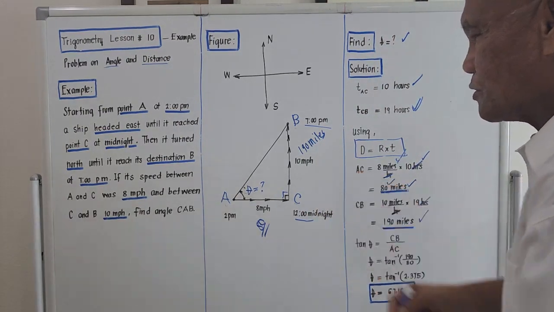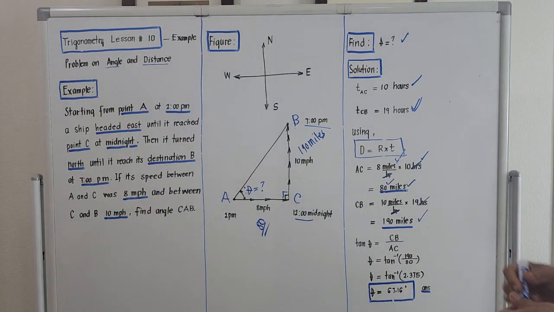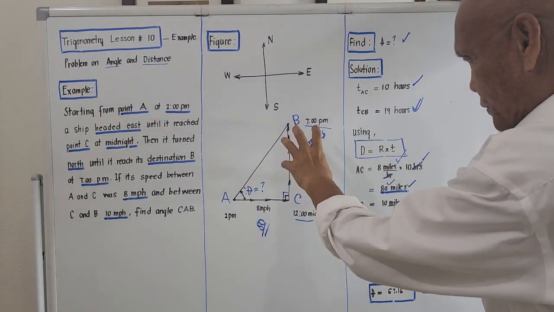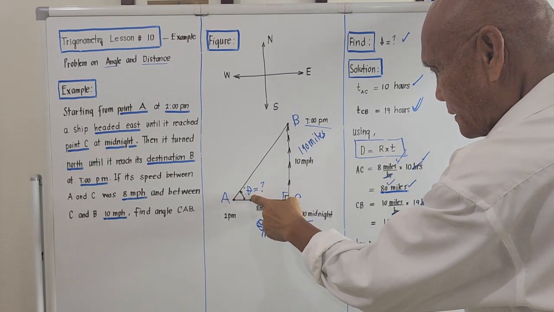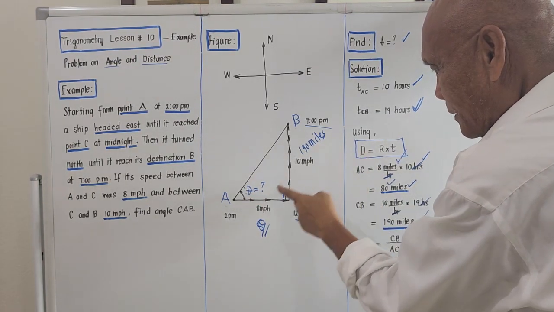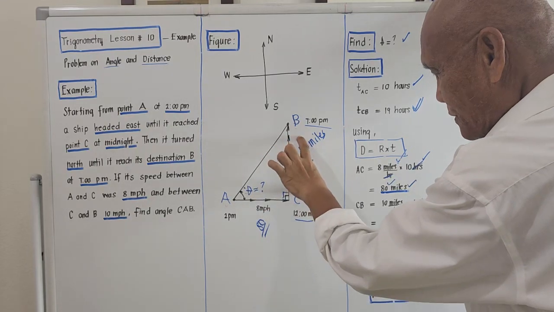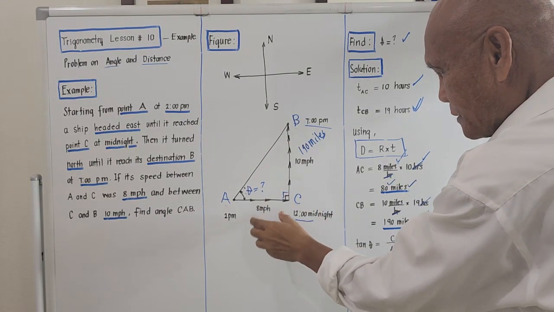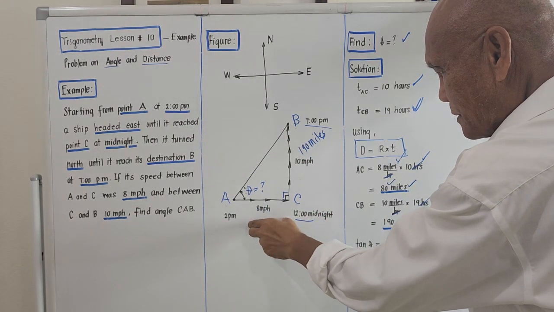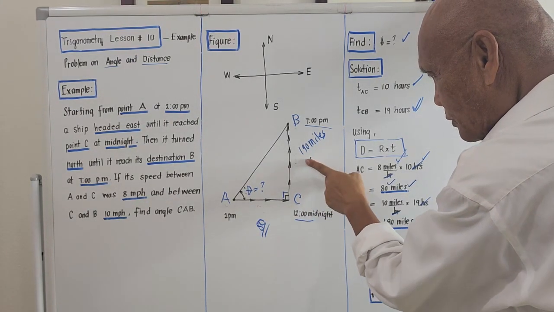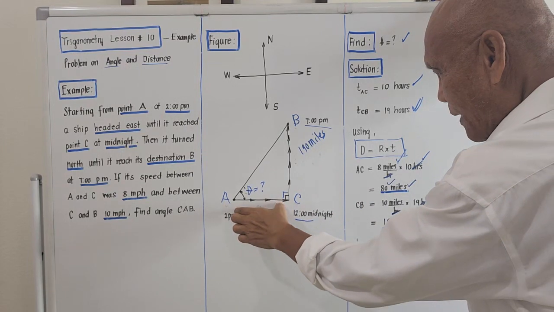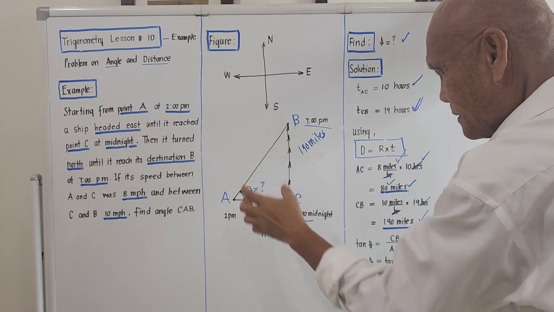It seems we are given a right triangle in which the opposite side and the adjacent side, considering angle theta, are given. Considering angle theta, this is the opposite side, and this is the adjacent side, the 80 miles. We can erase the speed now. We are talking distance now. This is 80 miles. This is 190 miles.